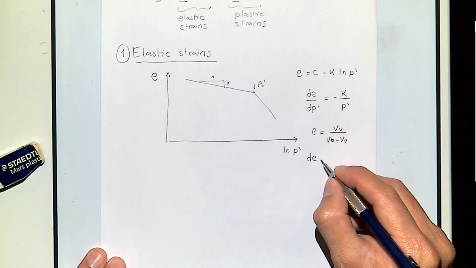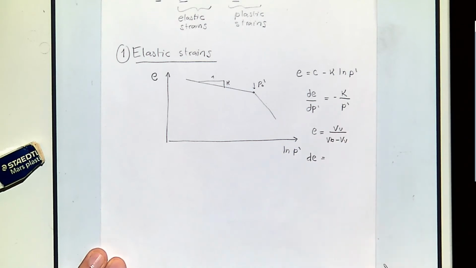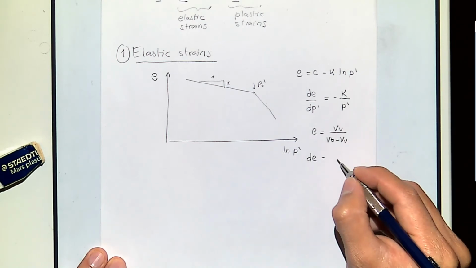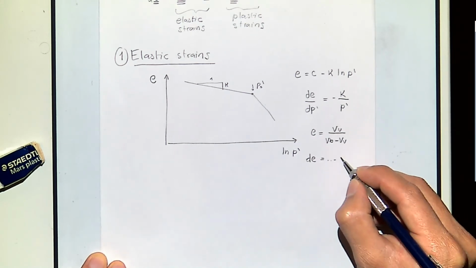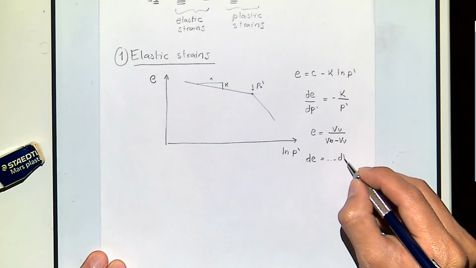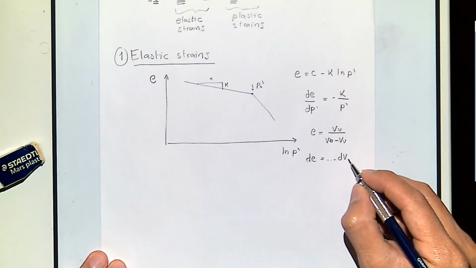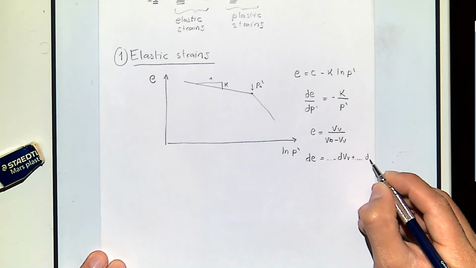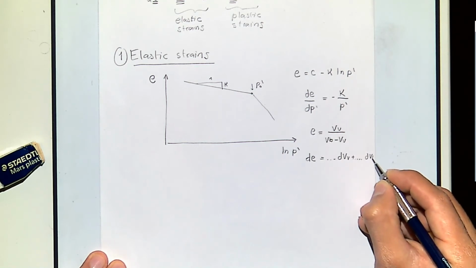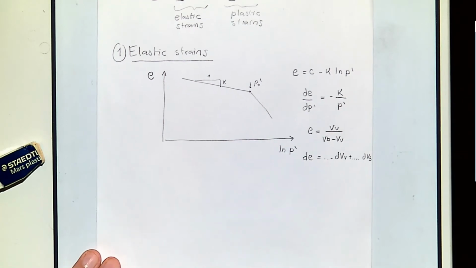This is going to be equal to a term that depends on two variables, a variation of the volume of the voids plus a variation of the bulk volume in general.